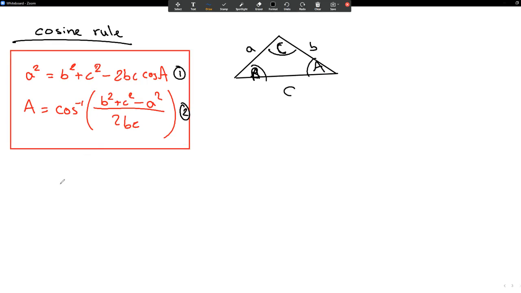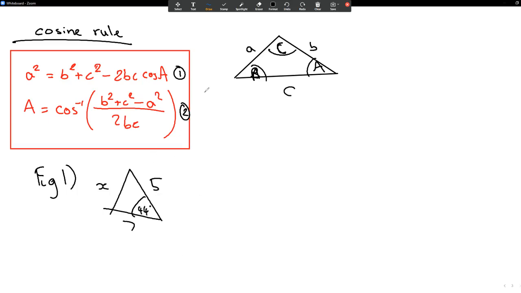Right? So in this case, we have x here, that's 5, that's 7, this is 44 degrees.